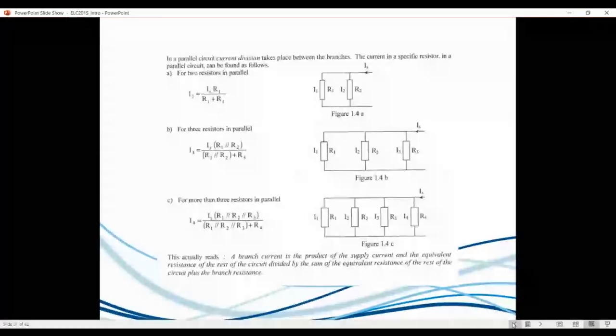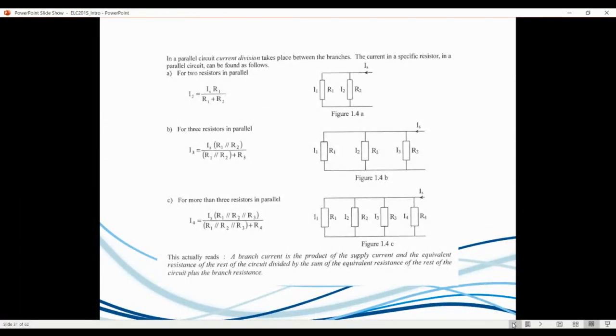This is only applicable to parallel. We must have a current source coming into a parallel arrangement, and if you want to find the current in one resistor, you take the source times the one you don't want, divided by the sum of the two resistors. I hope that is clear to everyone.